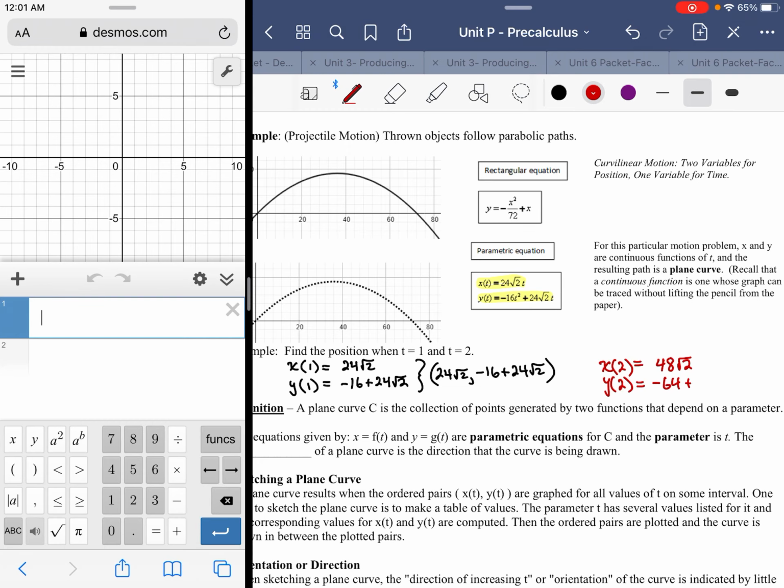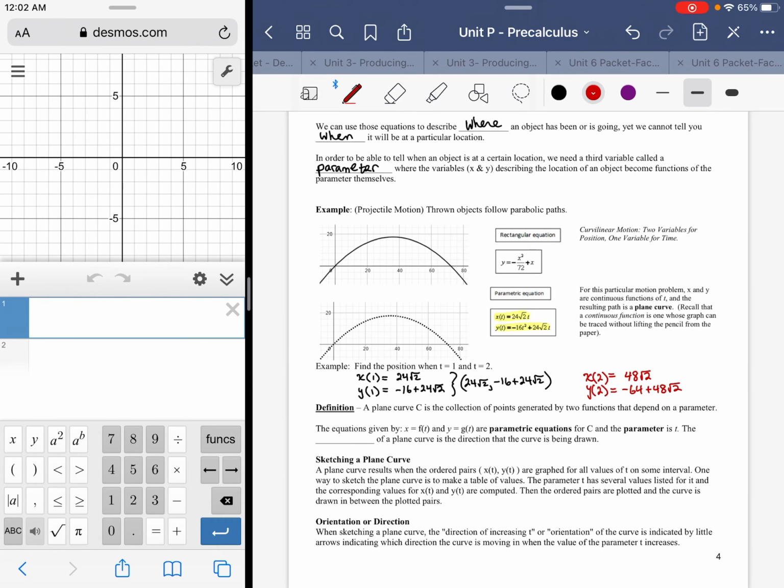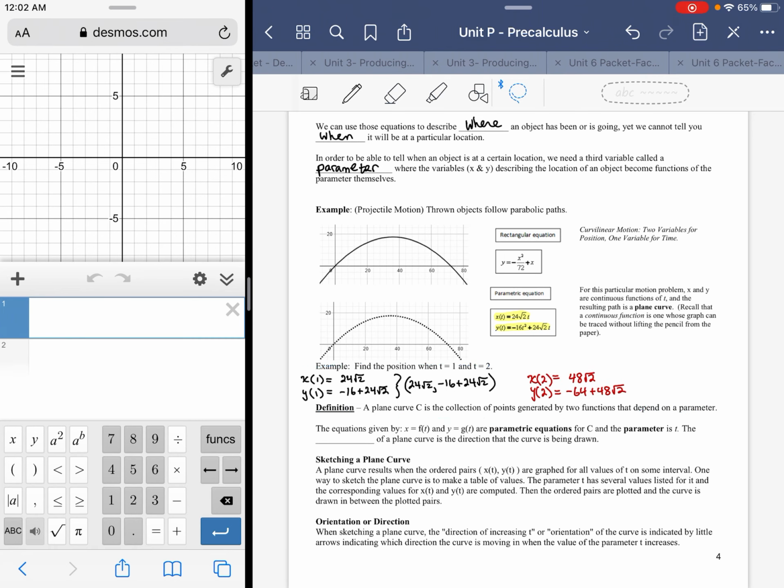And then we're looking at, well, 2 squared is 4, so negative 64 plus 48 radical 2. All right, so one of the many times in this course where I will not have left myself enough space, so I'm going to smidge things over. So we're looking at the ordered pair of 48 radical 2, comma, negative 64 plus 48 radical 2.